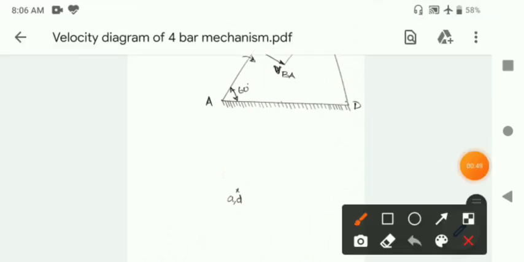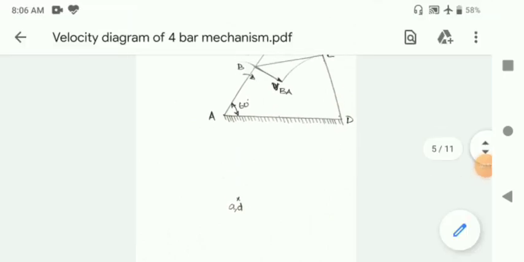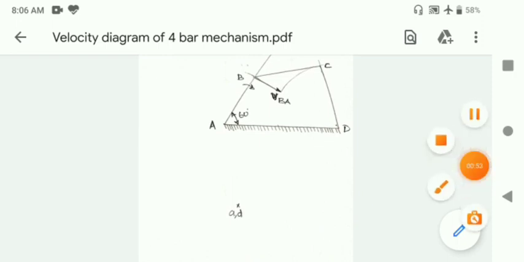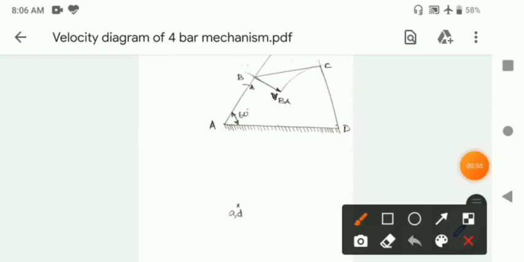So from A comma D, you draw a line parallel to this line, downwards from A comma D. And the length of this line will be the magnitude.